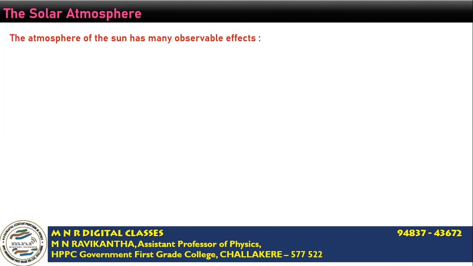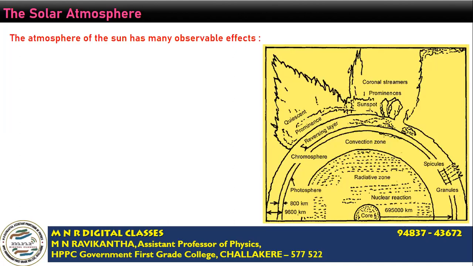The atmosphere of the sun is not still, but is a source of many interesting phenomena and observable effects. This figure shows the different physical phenomena that take place in the solar atmosphere. Let us list them one by one.